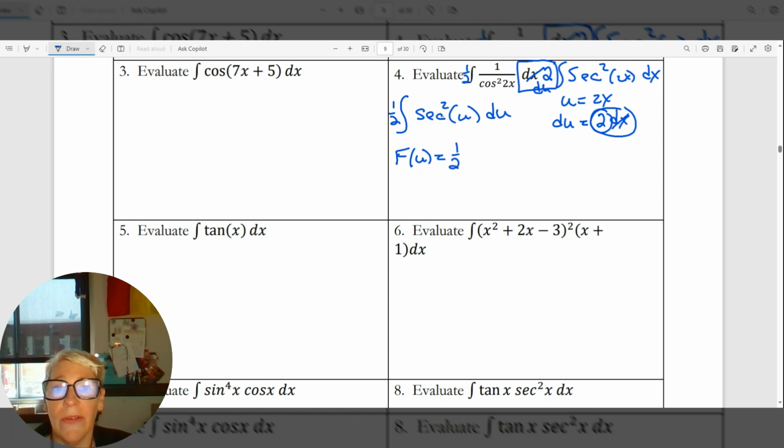The antiderivative of the secant squared is the tangent, so I have the tan of u plus c, that arbitrary constant we were working with before. And then my last step is to turn my f of u into f of x: 1/2 tangent of u, which in this case is 2x, plus c.